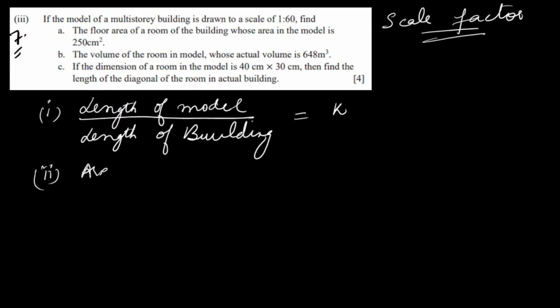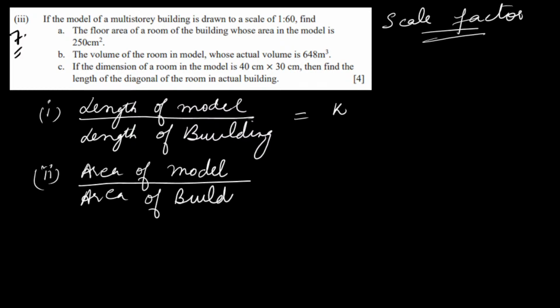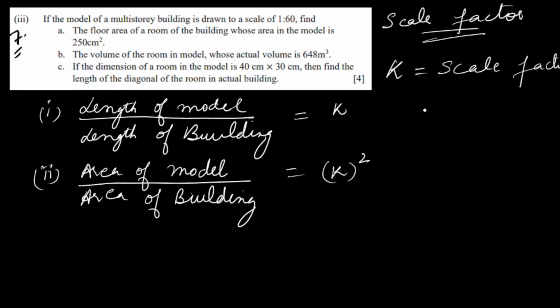Then area of model, these formulas you have to keep in your mind. Area of model by area of building is equal to the square of the scale factor. Here K I am just writing as scale factor. And K will always be less than 1, not 0.